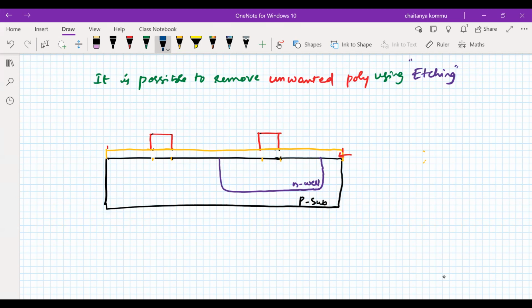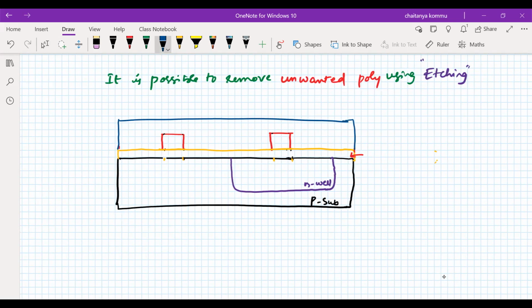That means thick oxide. So that is the usual practice, so that the other portions will not get affected. It is called field oxide, or I can call it thick oxide.